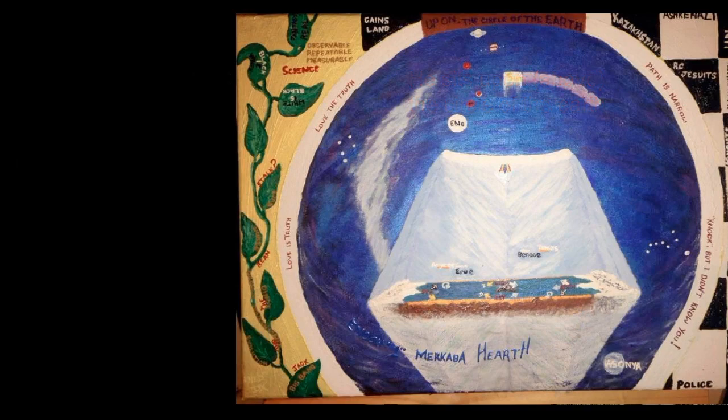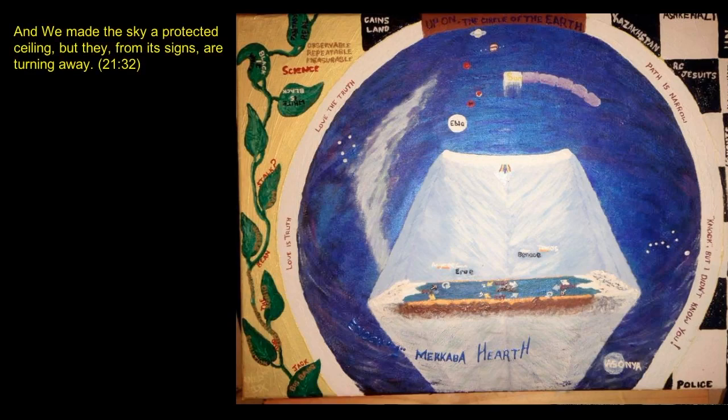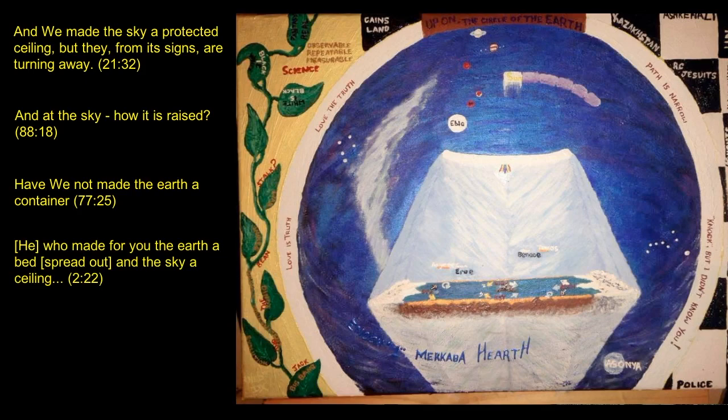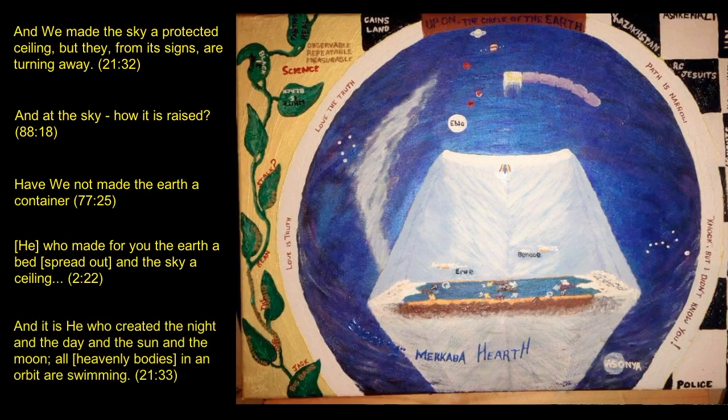Also has numerous verses describing the sky as a structure or a ceiling, as well as describing the earth as a flat plane. Also describes the sun and the moon swimming in an orbit.